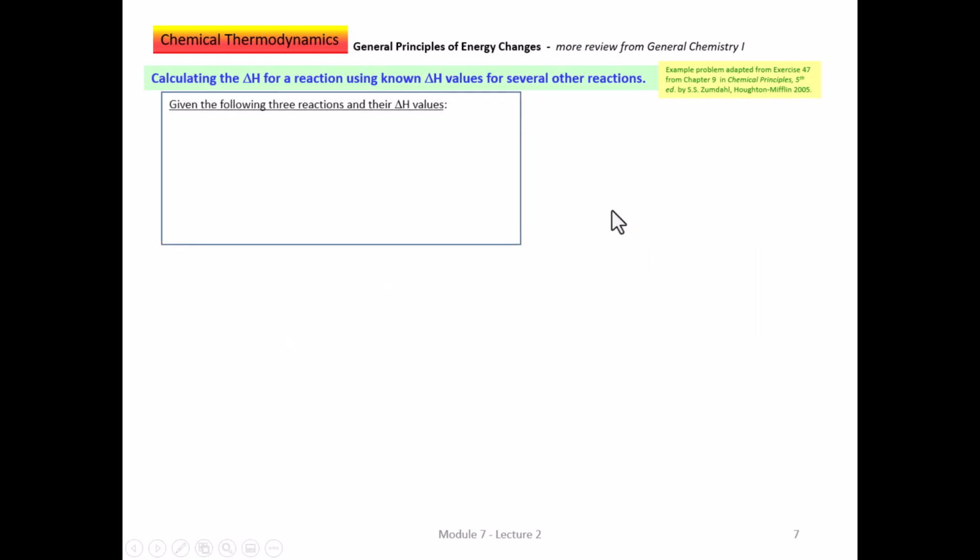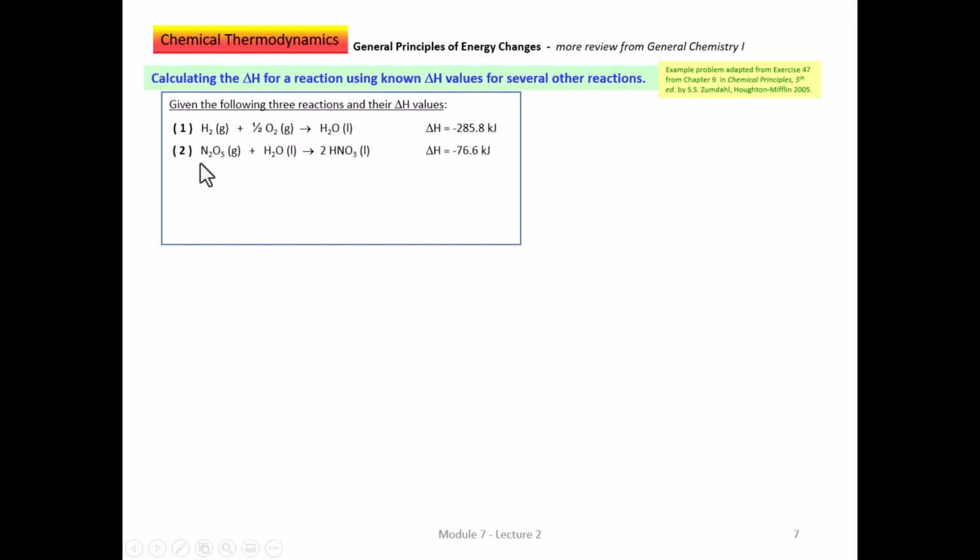Let's suppose you were given the following 3 reactions and their deltaH values. In other words, this is supposed to be experimentally determined values of deltaH. The first would be for the reaction of hydrogen and oxygen to form water, and the deltaH for this is minus 285.8. It's an exothermic reaction.